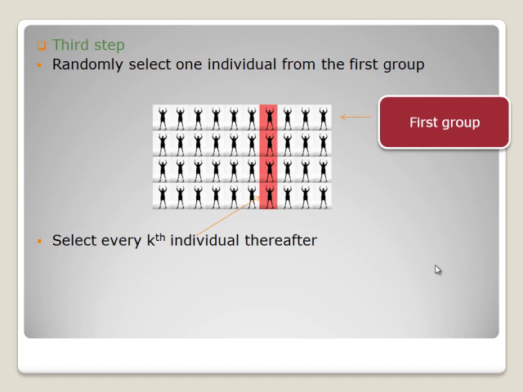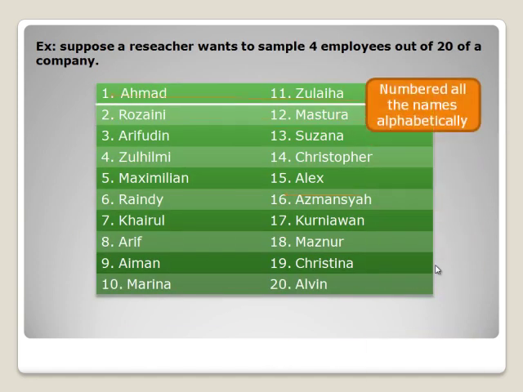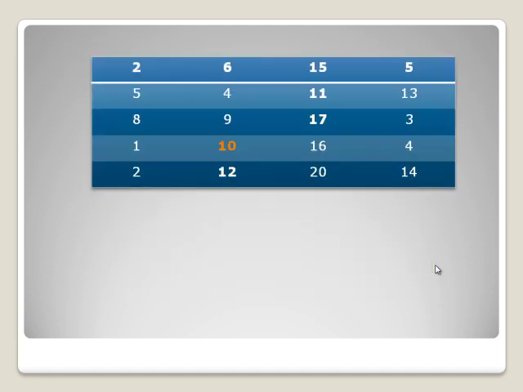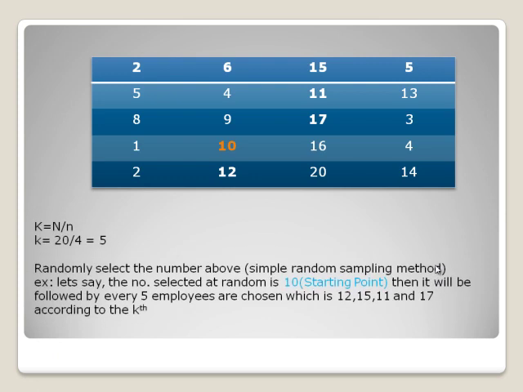For example, let's suppose that there are 20 subjects in the population and the sample needed is only 4. Therefore, K is the population, which is 20, divided by the samples needed, which is 4.